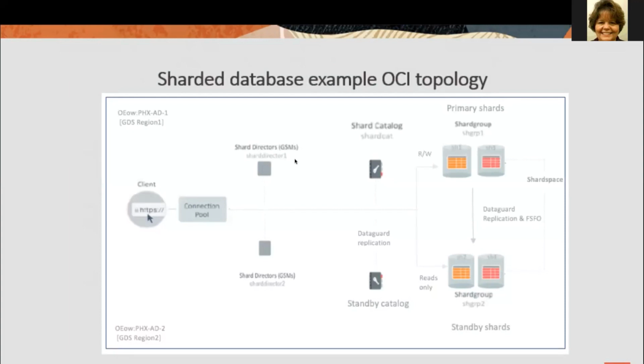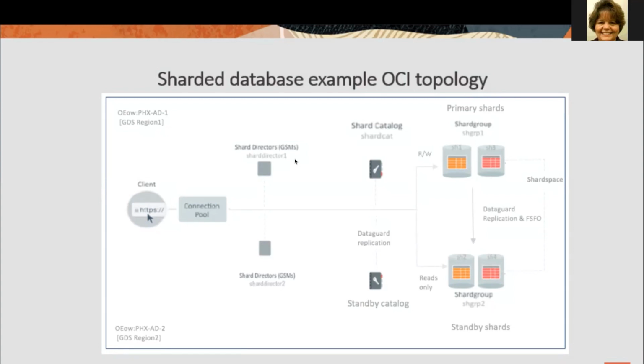So now let us take a look at an example of Shard database topology on OCI. As Shailesh was discussing, the main components of Shard database shown here are Shard director, Shard catalog, and the shards. A typical deployment topology would have one or more Shard directors responsible for request routing coming in from the clients, and a Shard catalog and its standby in different ADs responsible for cross-shard queries, and also for requests coming in from the Shard director.